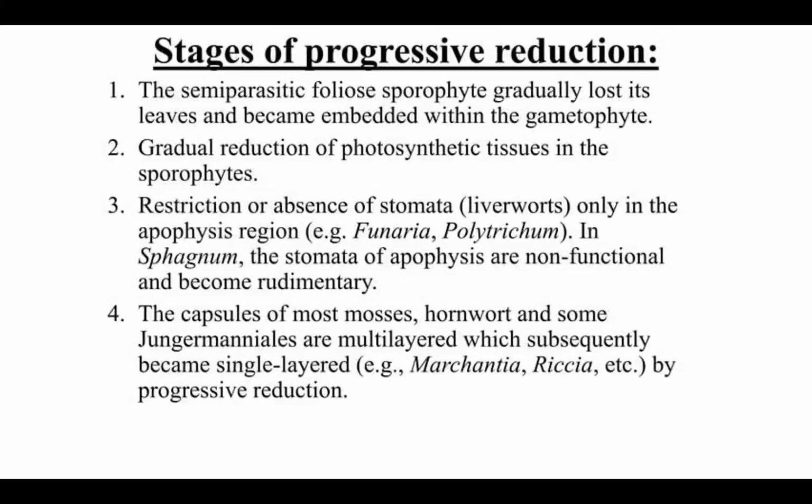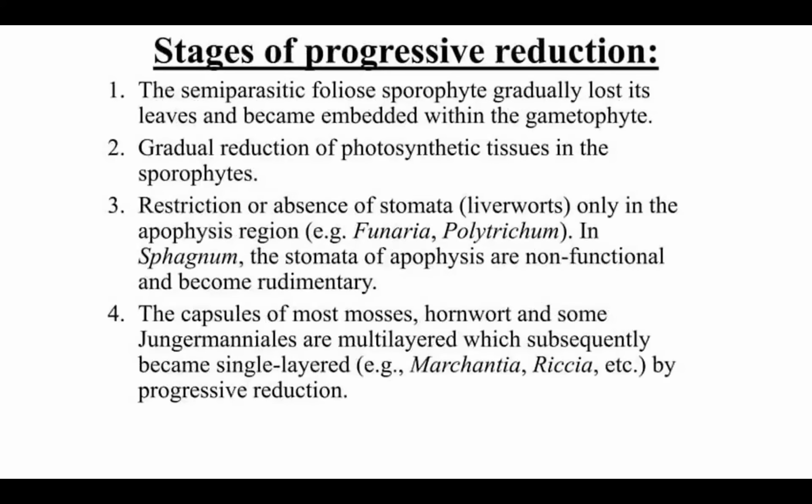Here, the stages, we have to explain in the reverse way. The semi-parasitic foliose sporophyte gradually lost its leaves. What is a semi-parasitic foliose sporophyte? The sporophyte consists of leaf-like structures, the covering of perigonial leaves and perichaetal leaves, all of these are developed there.